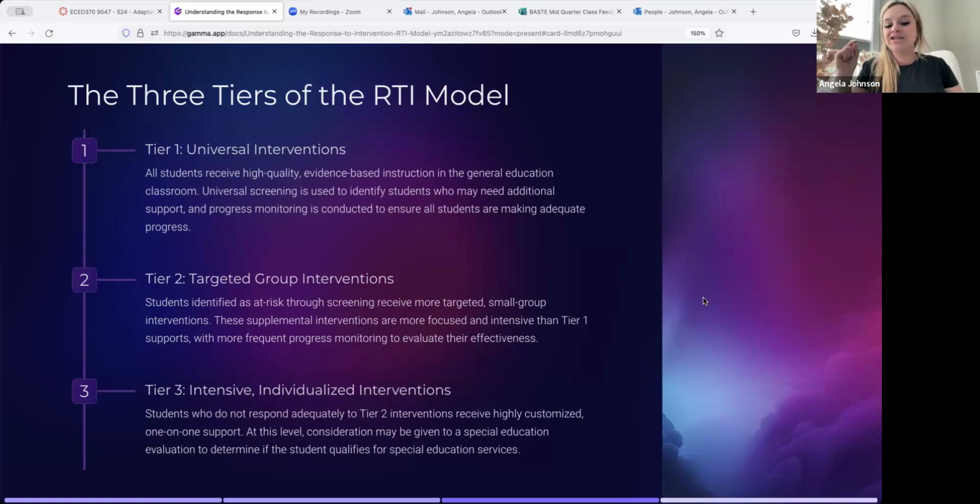At this level, consideration may be given to a special education evaluation to determine if the student qualifies for special education services or not. But again, each case is a case. The student might not need that, but it might just be a matter of working on skills that were left behind years ago, years before that, years prior.